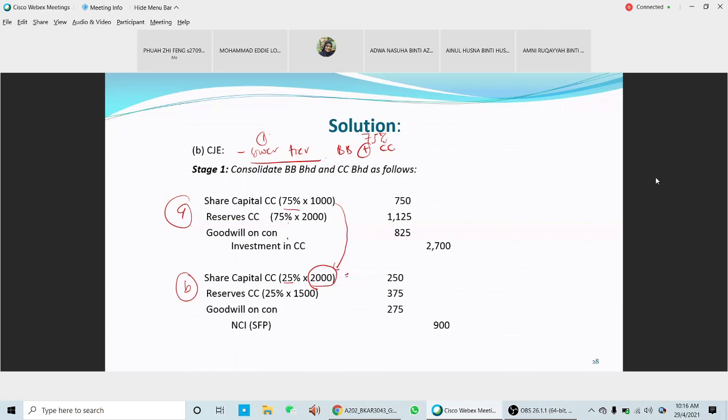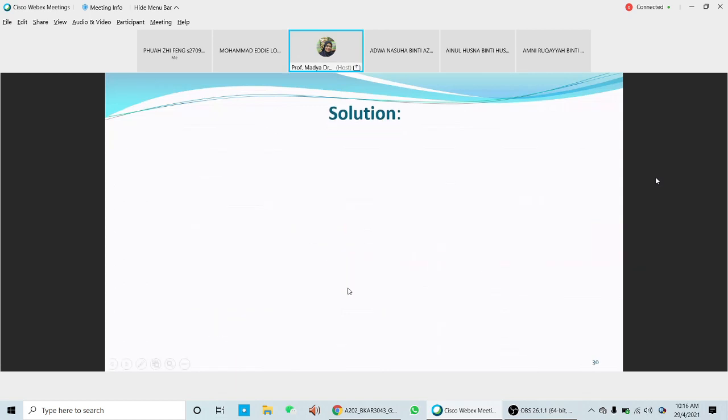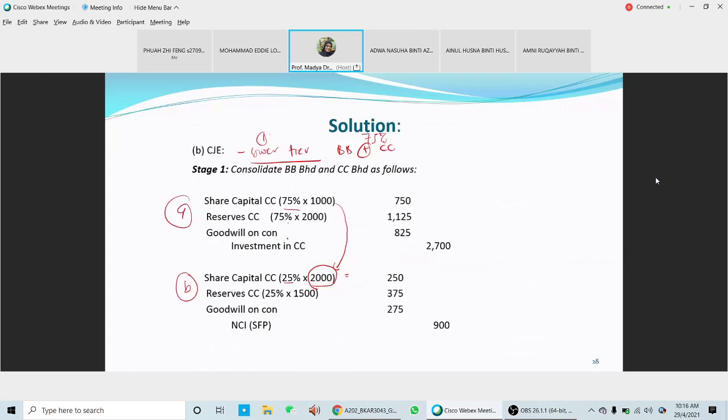Okay. So 1 million, not 2 million here. So you're going to have 1 million for share capital, as in slide 28 that we have here.